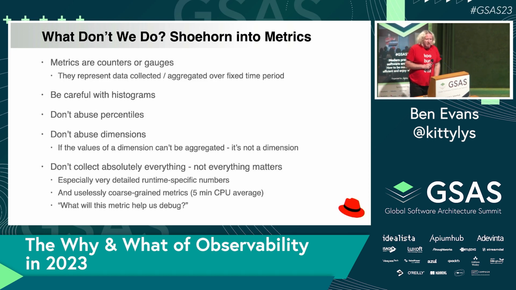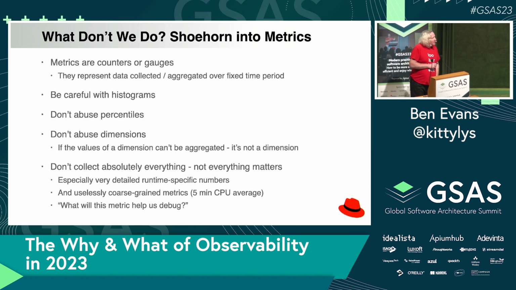A 5-minute moving average of CPU is virtually useless to virtually everyone. Why? Well, because if your 5-minute average is running high enough to alert, Kubernetes has already killed your pod. So by the time you notice it and are able to have an actionable insight and do anything about it, your processor's already dead.